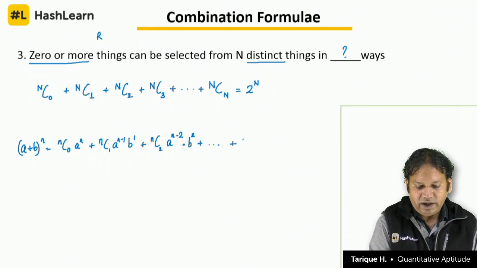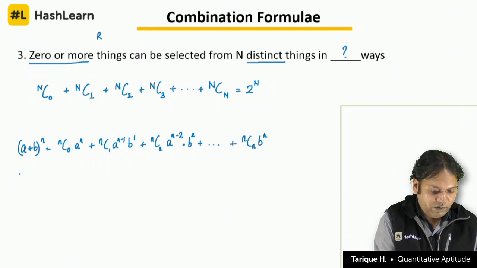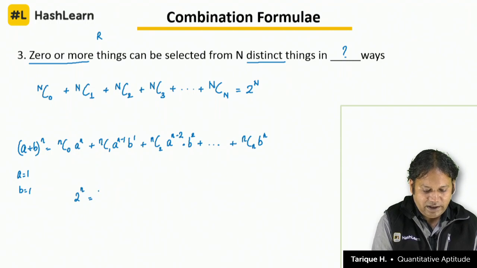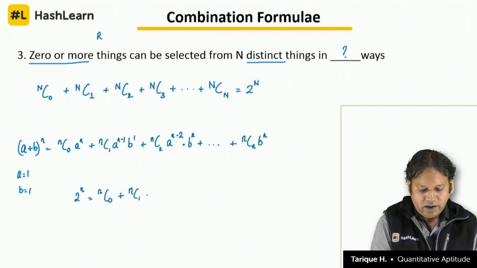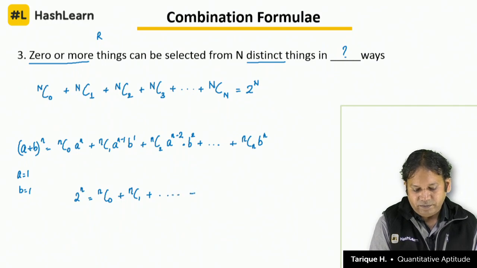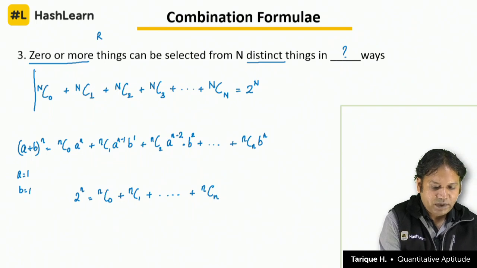We go on doing till we get NCn b power n, and in this formula when you put a equal to 1, b equal to 1, the left hand side becomes 2 power n and the right hand side becomes NC0 plus NC1 up to NCn. You don't have to worry about the derivation, just remember the result here.